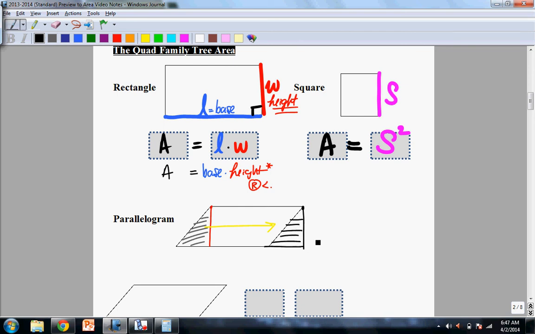Shade it. I want you to see that if we just slice off that triangle and shift it, it creates the same area. And you should see that that parallelogram, the actual area, is simply a rectangle. So we have base times height for a rectangle, and that is true also of a parallelogram.